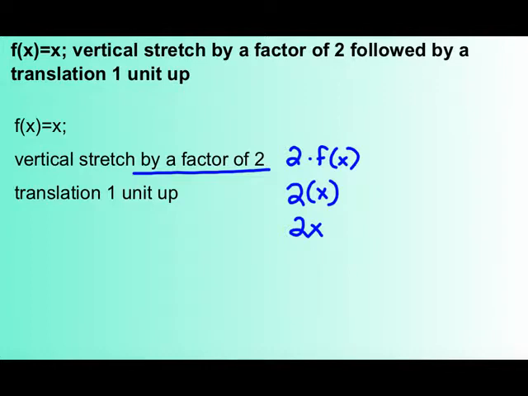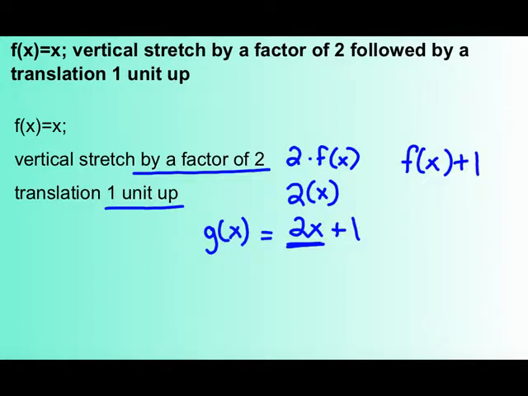And then it says we're going to translate it 1 unit up. If you remember the notation for translating up 1 unit, it's f of x plus 1. So in this case, since we have 2x, it becomes 2x plus 1. That's our new function. These aren't too bad to do. Just need to break them down a little bit.